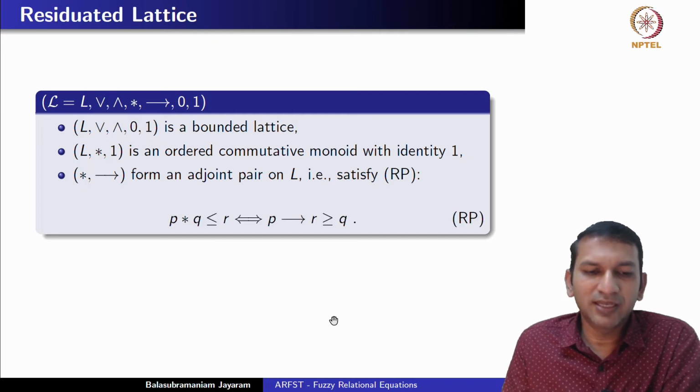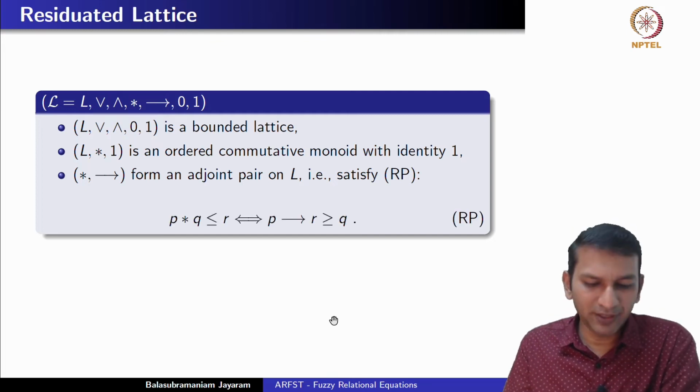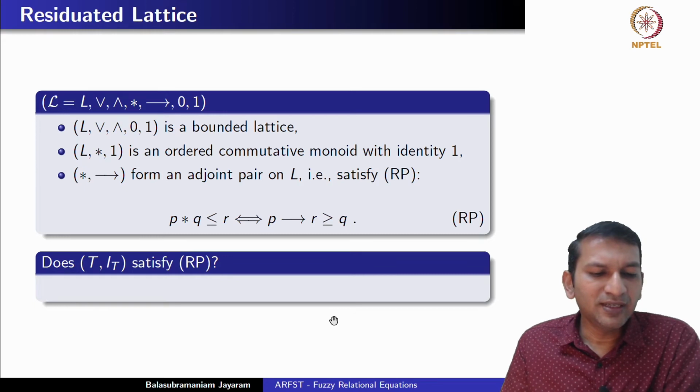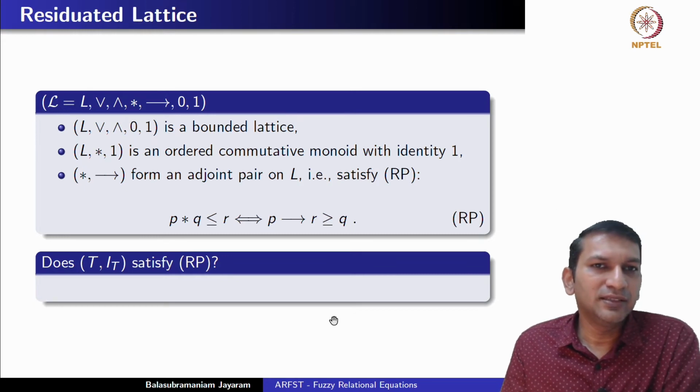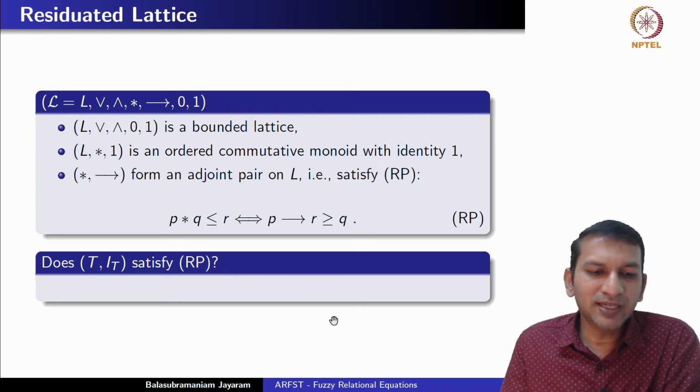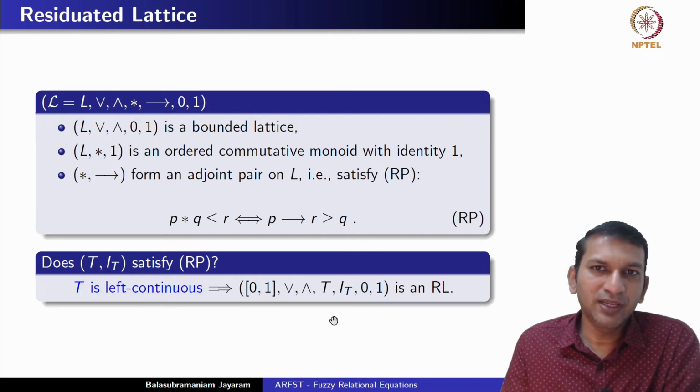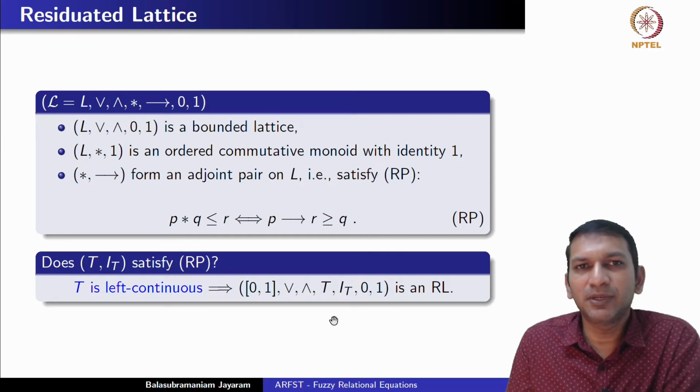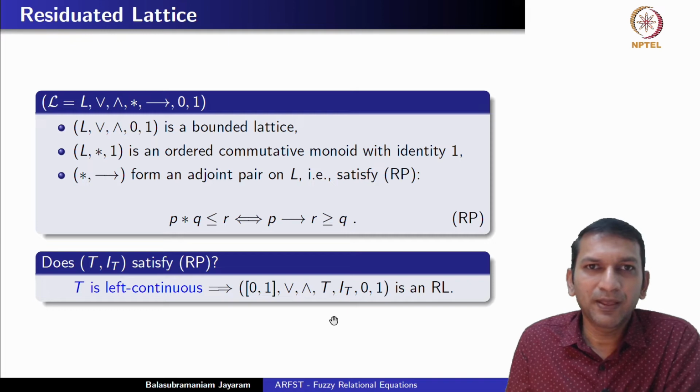What does that mean? They satisfy this residuation property. We have seen that if we consider a T-norm and the corresponding R implication, they actually satisfy the residuation property if T is left continuous, and hence this entire structure becomes a residuated lattice.